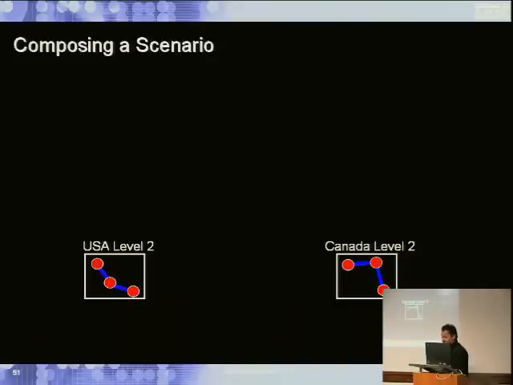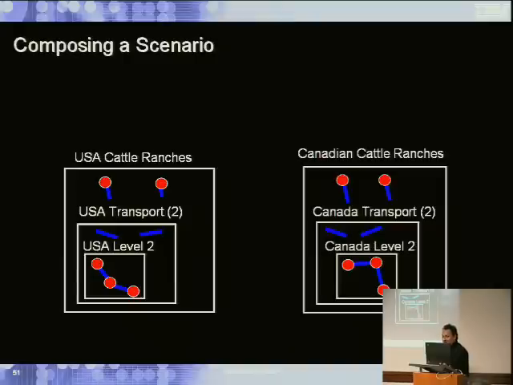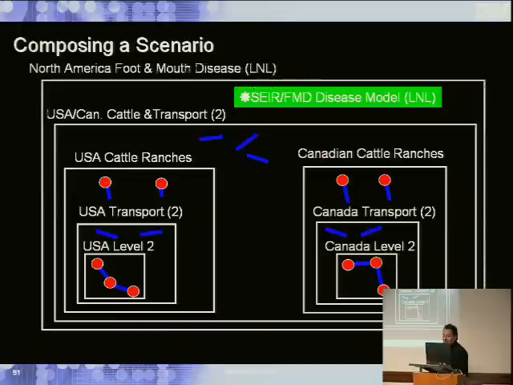So we could have two models. Each would require a knowledge of how the cattle are transported within those countries, where the cattle are fed, where the cattle ranches are, and how they're transported between the two countries, because there's trade between the United States and Canada. And of course, I need to know something about foot and mouth disease itself. I'll need a mathematical model of the disease.